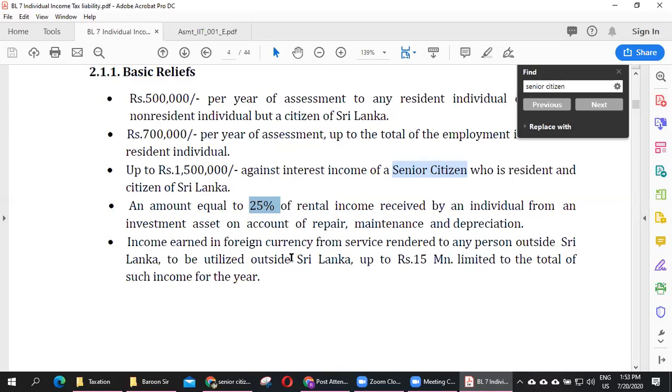We have received 100,000 as rent income. So what is 25%? Equal to how much? 100,000 is rent income. 25% of 100,000, how much?